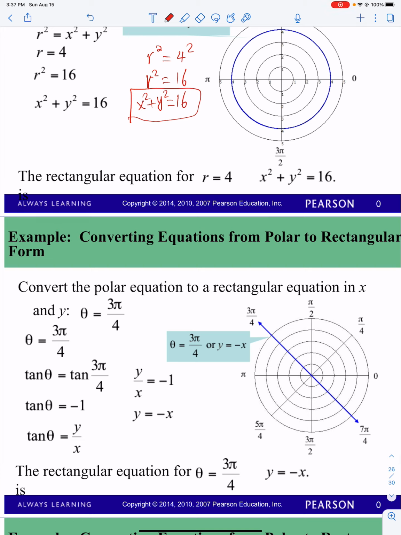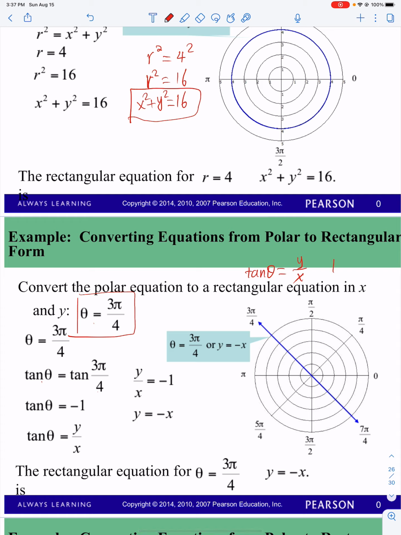So the next one is a tricky one, yeah? So we know that, if we are given theta equal to 3 pi over 4, yeah? But in the polar coordinates, what do we know? We only know tangent theta equal to y over x, yeah? If theta equals 3 pi over 4, what do we know?